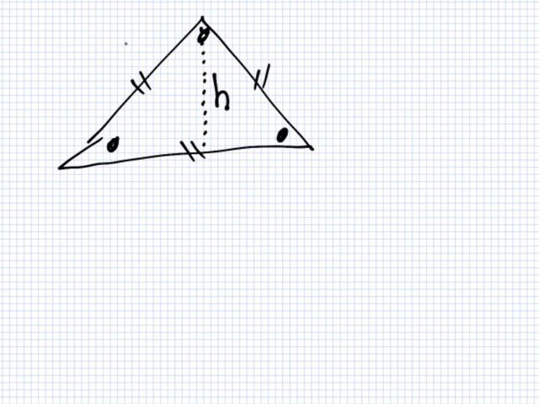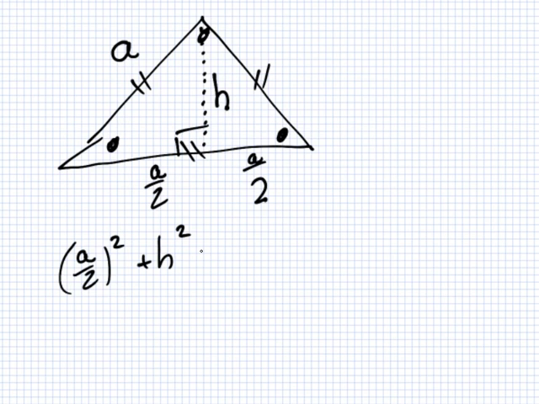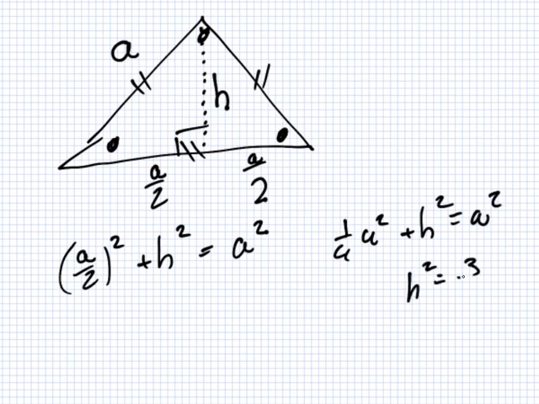So if I call this side A, this side is A over 2 and this one is A over 2. I can use Pythagoras. A over 2 squared plus H squared equals A squared. So that means a quarter A squared plus H squared equals A squared. So H squared is 3/4 A squared.